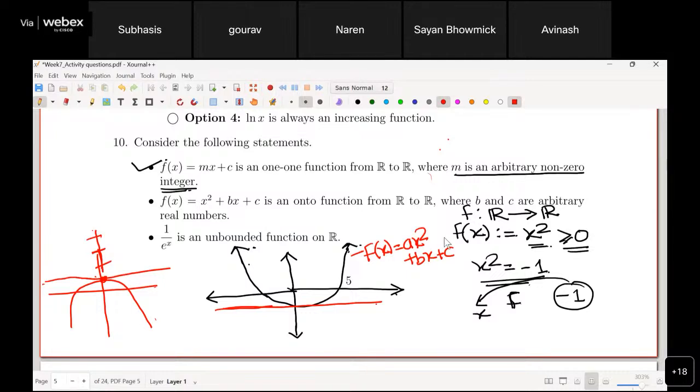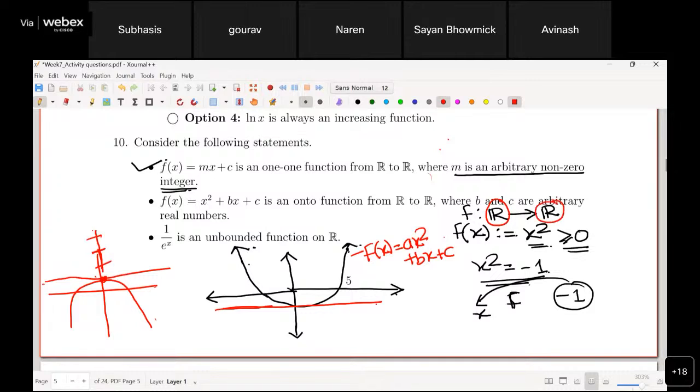If I reduce my domain, it's not going to help me, since I'm certainly not going to get negative real numbers. The only thing I can do is reduce the codomain.